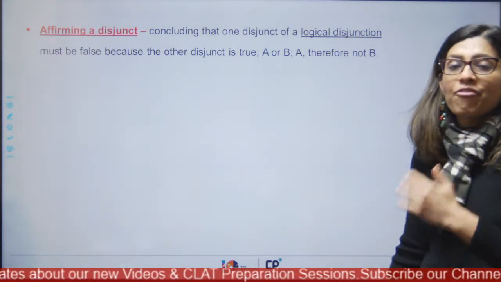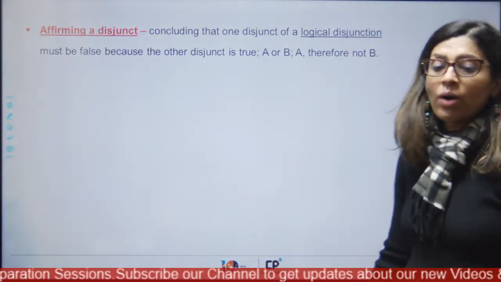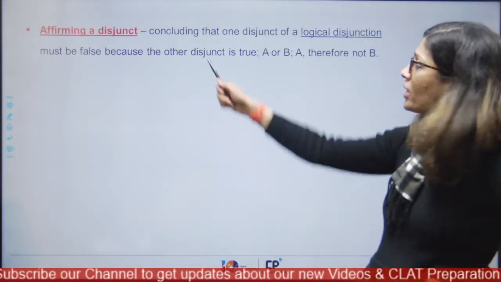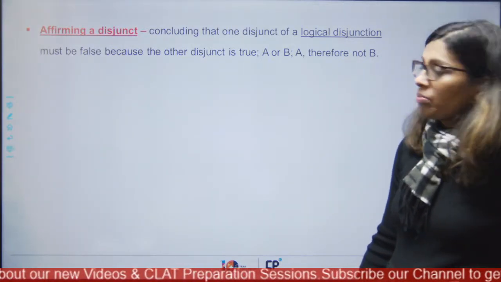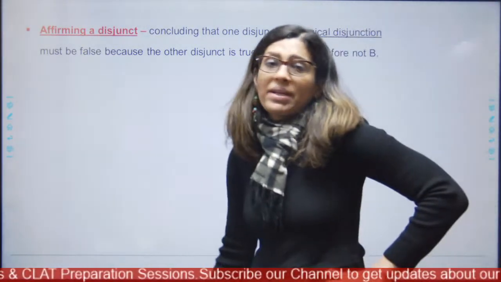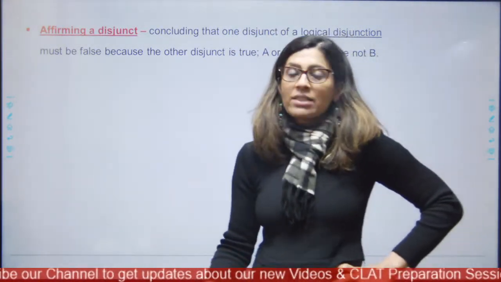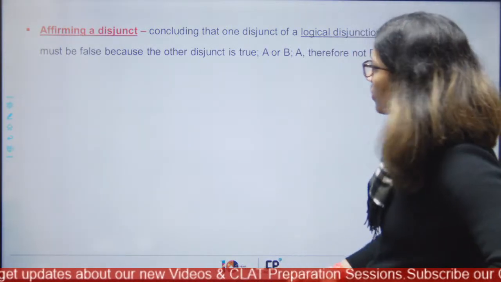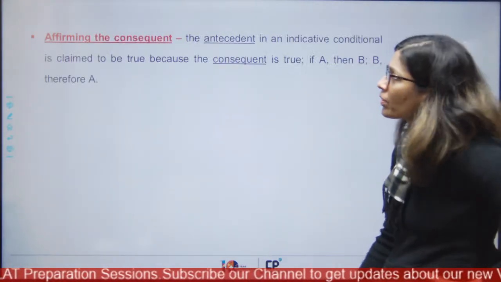It should be not B therefore A. So we'll quickly go through this because I think most of you are comfortable with this. It's nice that you know the technical term, but it's not something that is going to be tested. So affirming a disjunct, I think everyone knows this fallacy well.